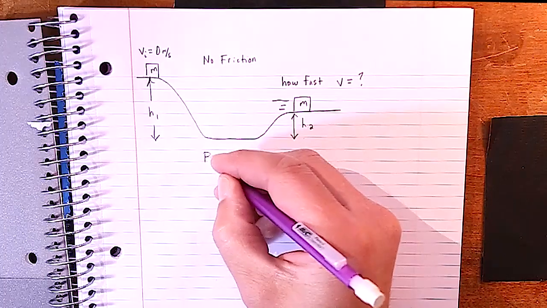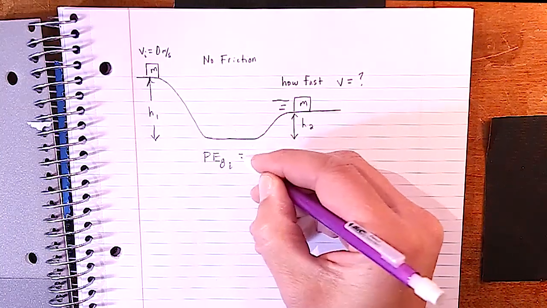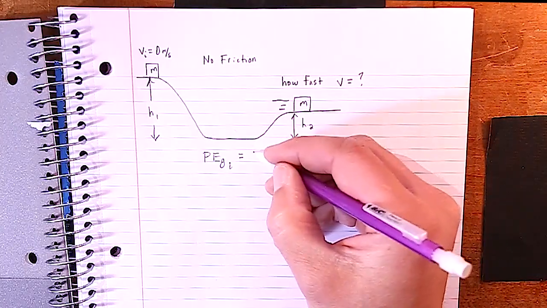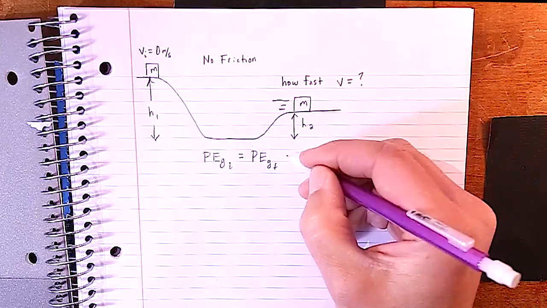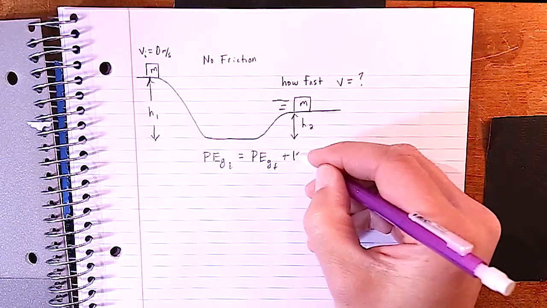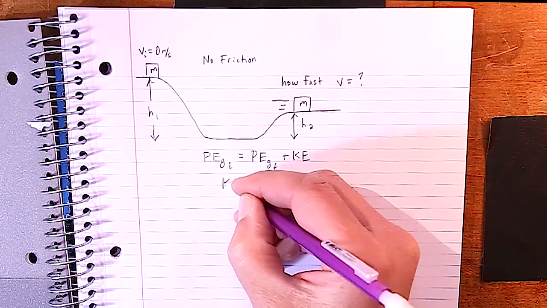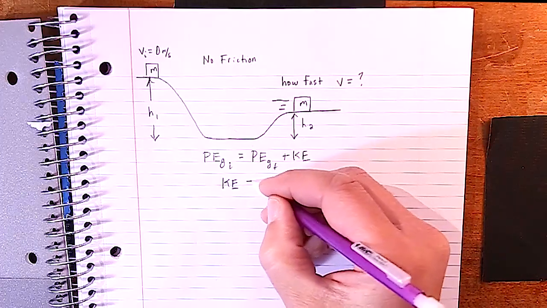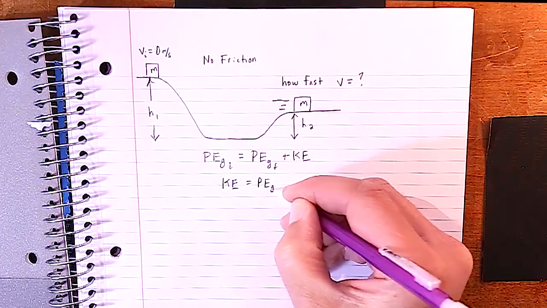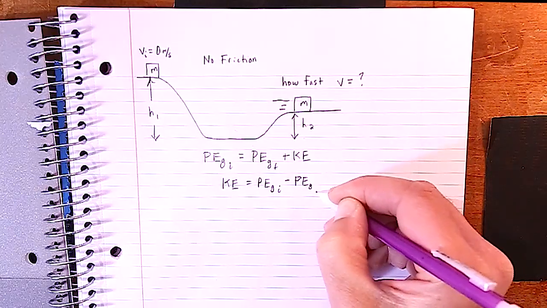Well, it's going to be the PEG that we start with, PEG initial, and that's going to turn into PEG final, because it has potential energy here plus the kinetic energy. So that's going to become KE, and I'm going to subtract this to the other side. So that becomes PEG initial minus PEG final.